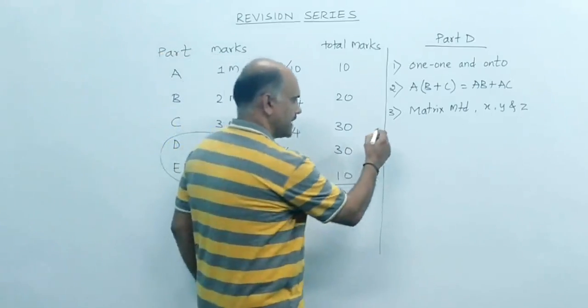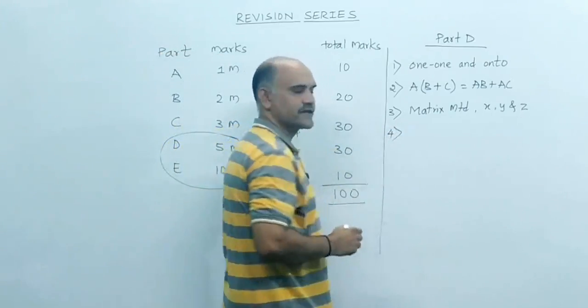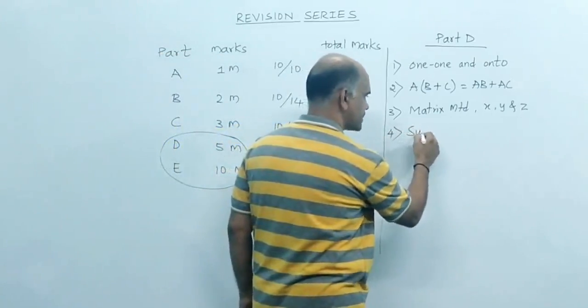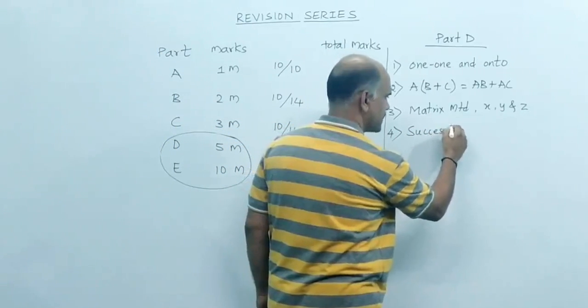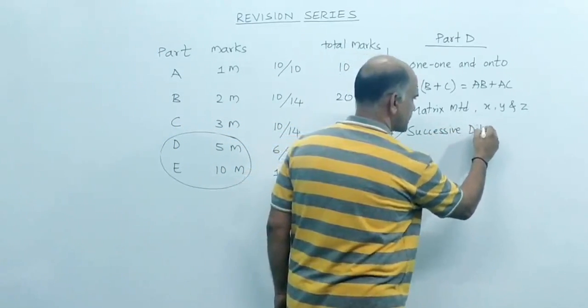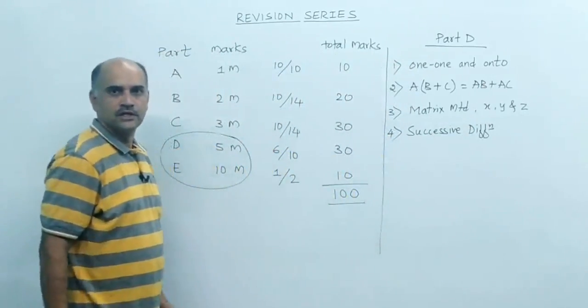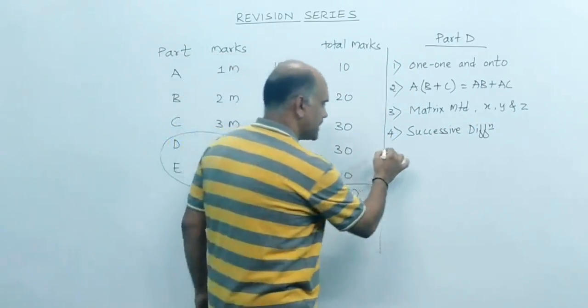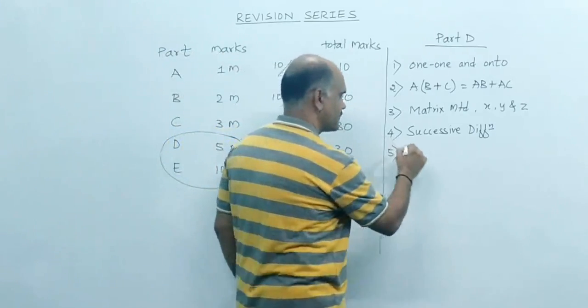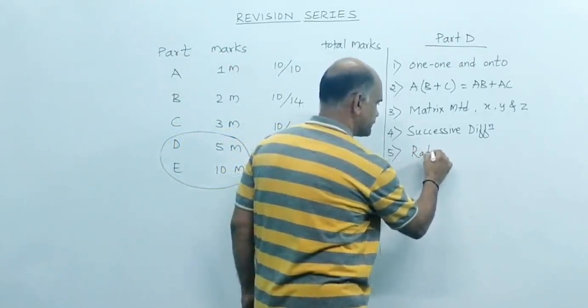Fourth one will be on differentiation, that is successive differentiation. It will be compulsory on successive differentiation, or second derivative you may say. Fifth, application of derivative, that will be on rate measure.